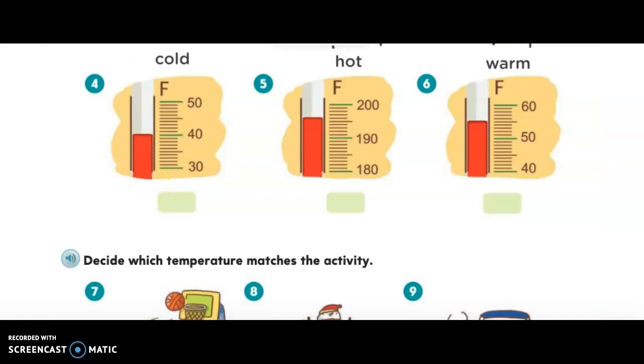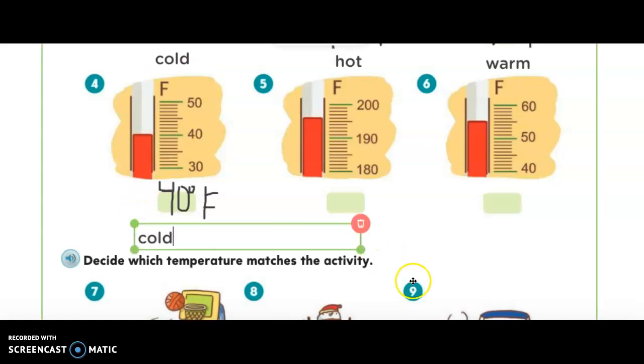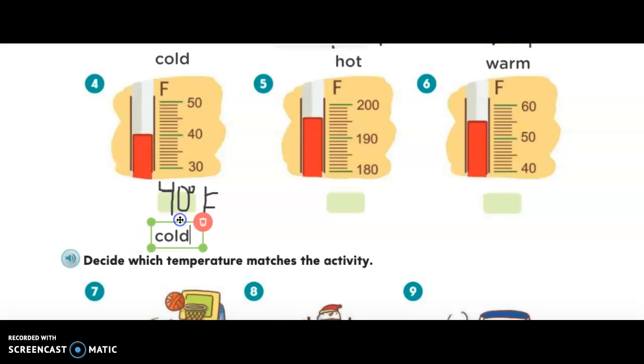Okay, let's look at number 4. So number 4, that red liquid has gone up and it's right on 40 degrees Fahrenheit. And 40 degrees Fahrenheit is cold. Number 5, so it's right about halfway, maybe 1 above, so halfway would be 195, but it looks like it's 1 up, so we're going to say 196 degrees Fahrenheit.